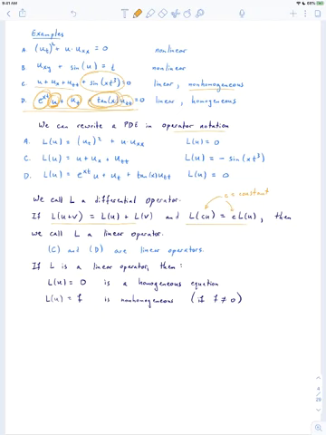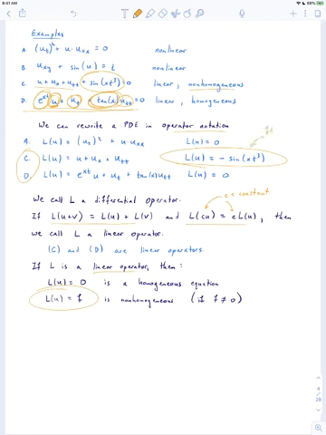If L is a linear operator, then L of u equals 0 is a homogeneous equation. And it's non-homogeneous if L of u is equal to some function f, where f is non-zero. So you can see in our examples, remember we only talk about homogeneous and non-homogeneous if L is a linear operator. So the two linear operators that we had were from C and D. So C is non-homogeneous because we have L of u equal to some function.